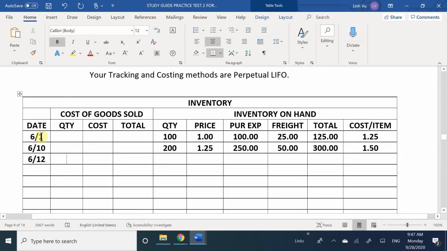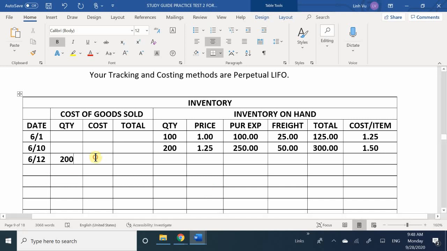We sold 200 items, okay? If we sold 200 items, what method of calculation are we looking at? Okay, what I meant was what costing method are we using? LIFO, yes. So that means we're going to take from the bottom, which you recognize as 150.